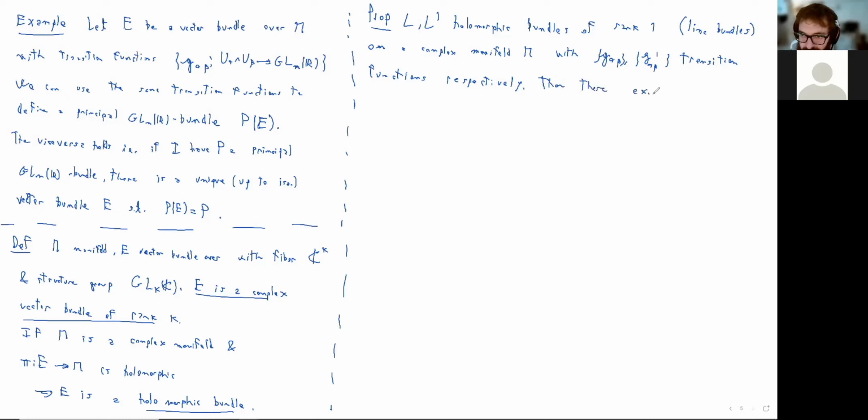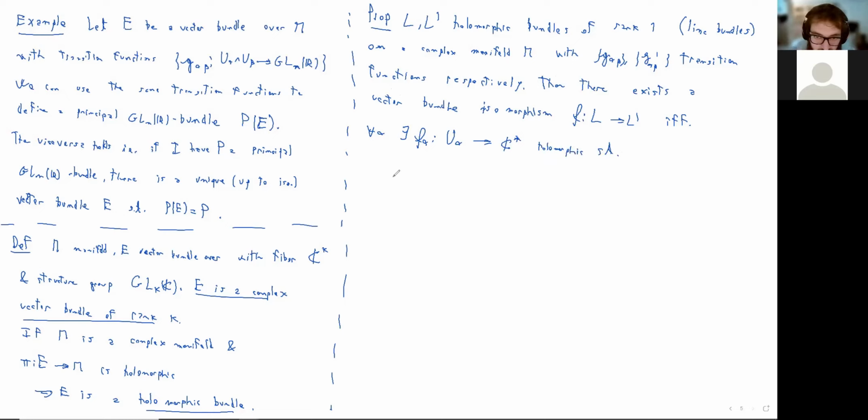There exists a vector bundle isomorphism f from L to L prime if and only if for every alpha there exists an F alpha from U alpha to C star, holomorphic, such that the quotient F beta over F alpha, restricted to U alpha intersected with U beta, otherwise it doesn't make sense, is the same as G alpha beta over G prime alpha beta for every alpha and beta.